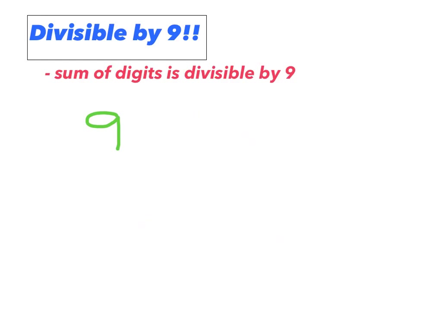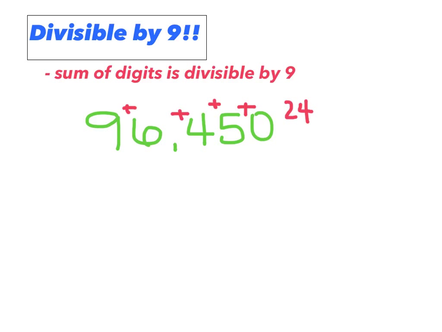If you have 96,450, the sum of the digits, so all you do is add up those digits. 9 plus 6 is 15, plus 4 is 19, plus 5 is 24, plus 0 is 24. Can you take 24 divided by 9 evenly? No, you cannot. So this number is not divisible by 9.